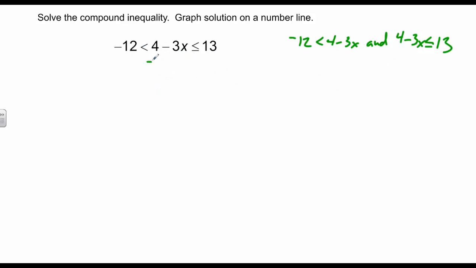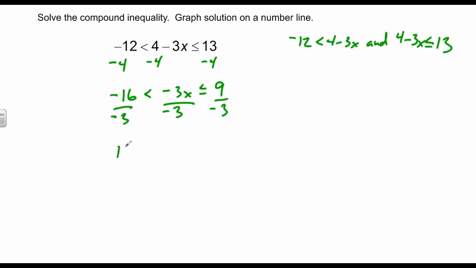So in this case, I'll subtract 4 from all sides of the inequality. And in that case, I get negative 16 is less than negative 3x, which is less than or equal to a total of 9. And then I'll divide by negative 3 to all sides of the inequality. But since I'm dividing everything by a negative, the inequality signs must be reversed.